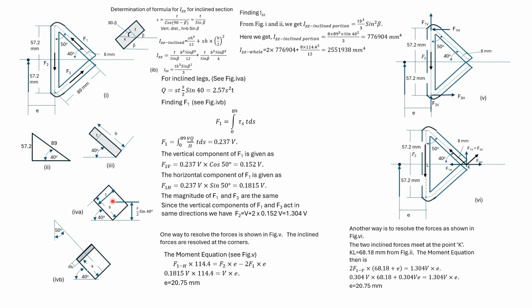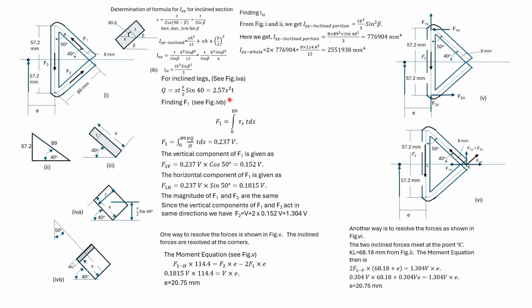Then the distance of the centroid of the portion from the neutral axis would be s divided by 2 into sine 40. If tau s is the shear stress corresponding to this element of ds, then the force will be ds into t into tau s.